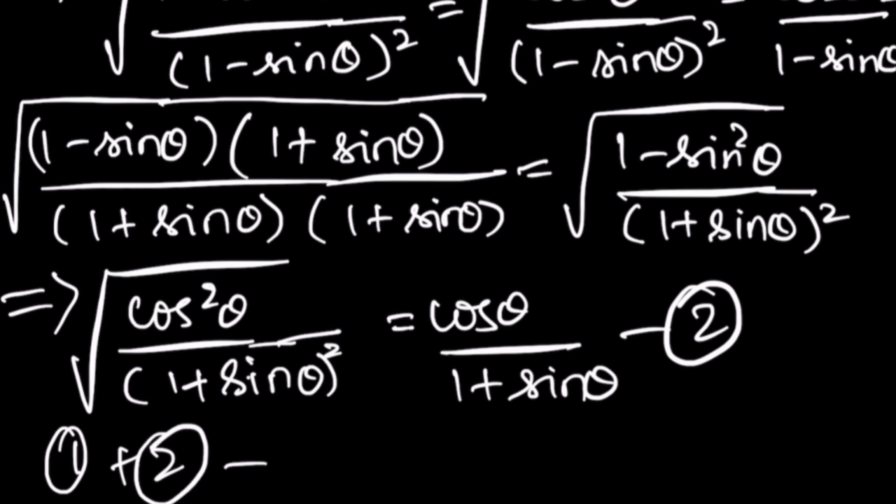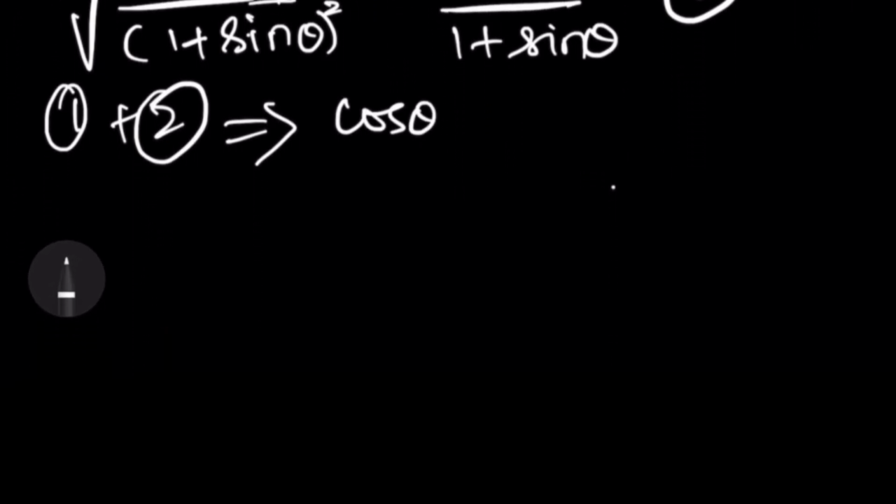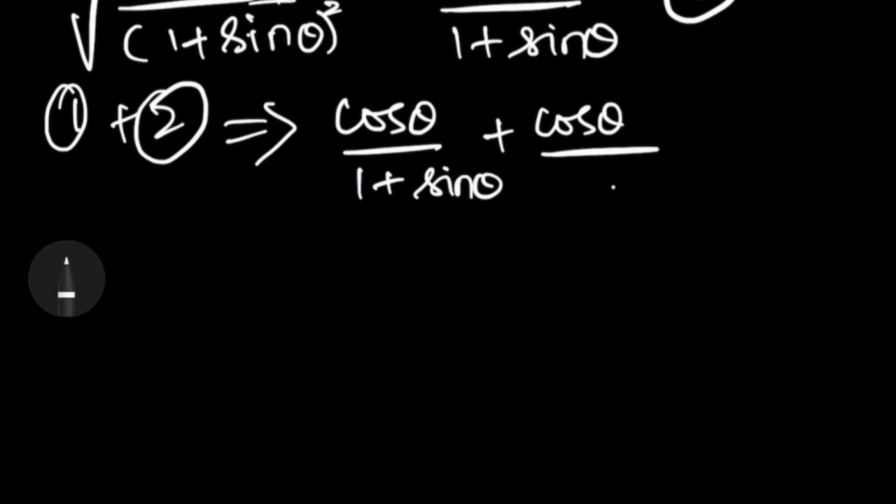Now I add equation 1 and 2 and get cos theta divided by (1 plus sin theta) plus cos theta divided by (1 minus sin theta).